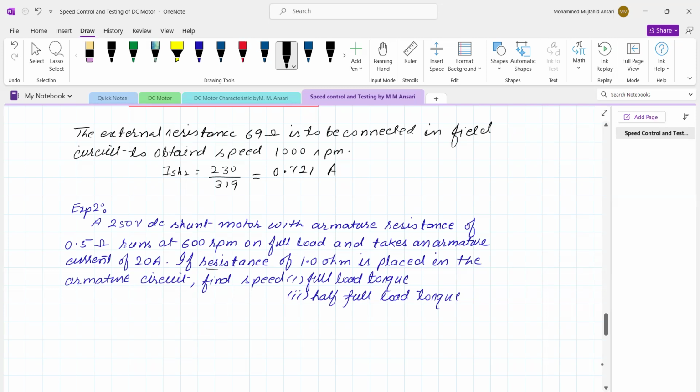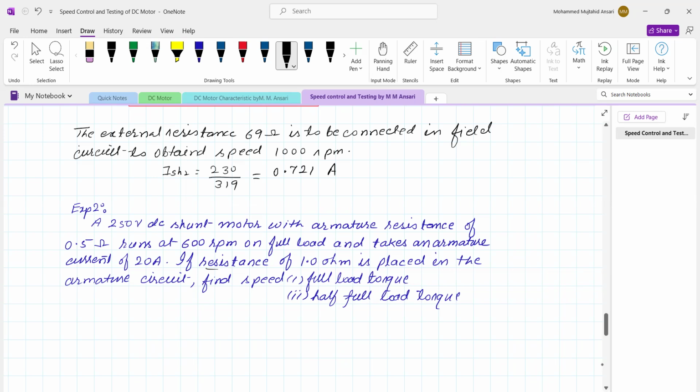So it is an armature control method. And in the armature control method, the speed is going to reduce from its initial value. So the new speed which is going to be calculated is definitely less than the 600 RPM.